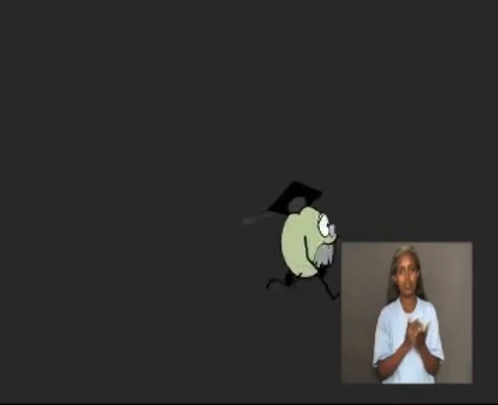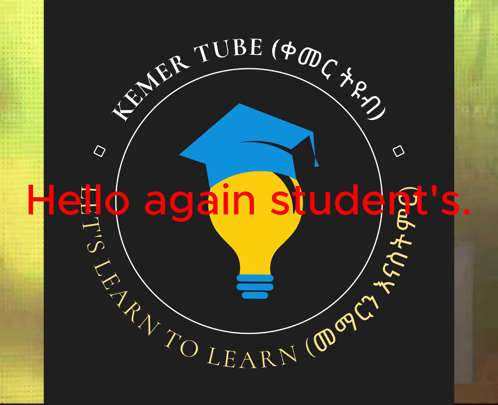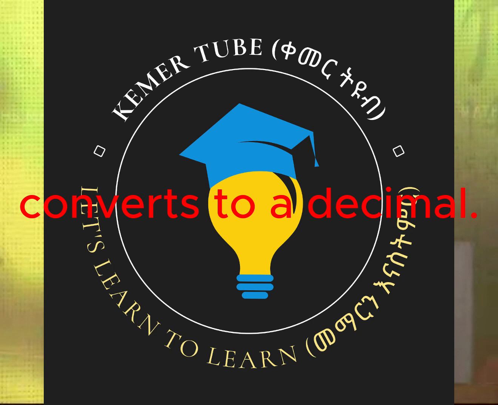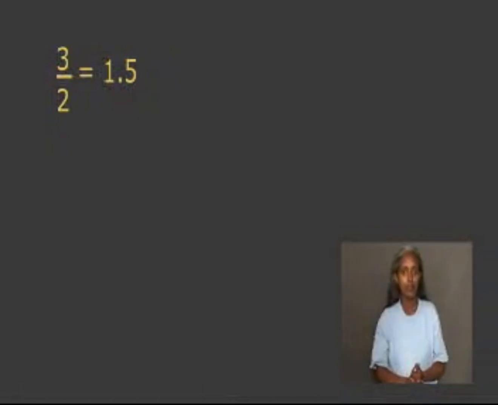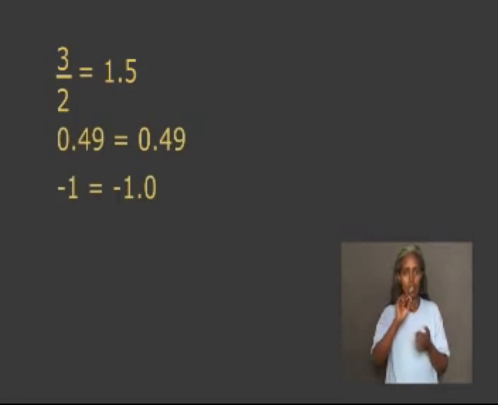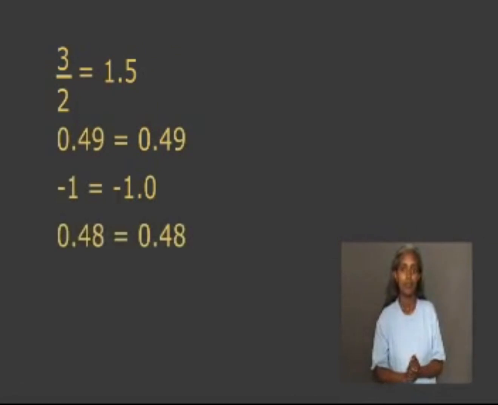Let's get back to our lesson. Hello again, students. Let us look at how each number converts to a decimal. 3 over 2 converts to 1.5. 0.49 is already in decimal form, and -1 can be written as -1.0. 0.48 is also in decimal form.